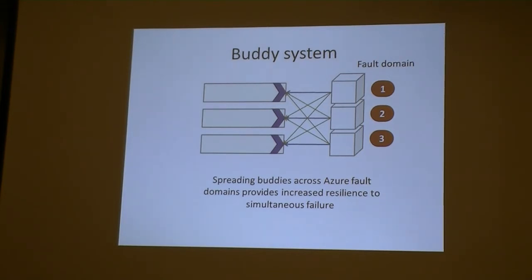Also, the Azure SLA does provide some improved guarantees for instances in different fault domains, so that's a benefit. So we can take advantage of this information by spreading workers in a single buddy group across fault domains. Here, there are workers from three different fault domains, which provides extra resilience compared to if there were only one.